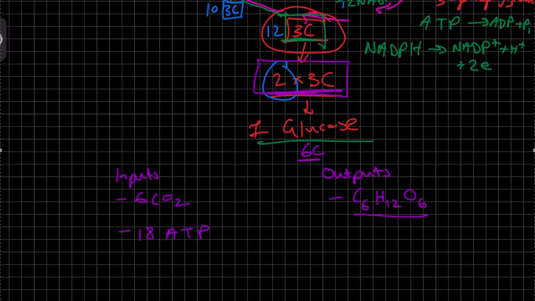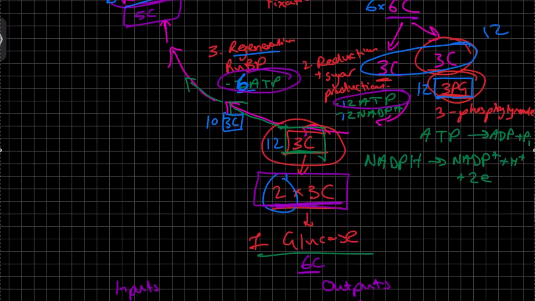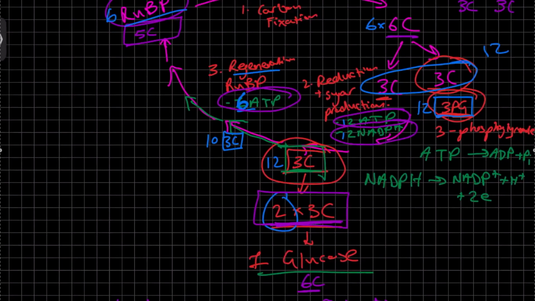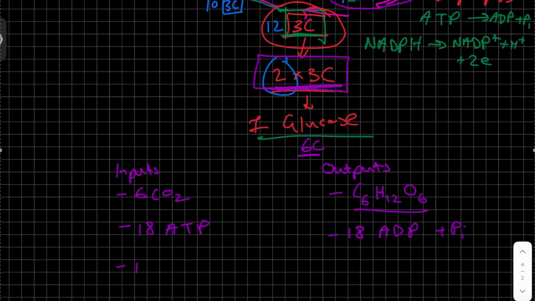And 18 of these ATP molecules were converted into their low energy counterpart of ADP and their respective separate phosphate group. We also know that we required 12 NADPH to be used up in this stage, so 12 NADPH would therefore have also been converted to their low energy counterparts known as NADP+.